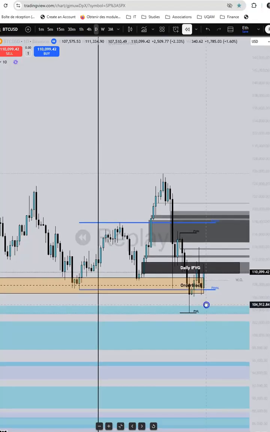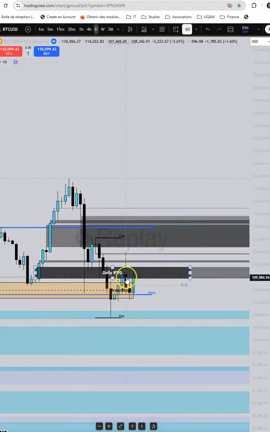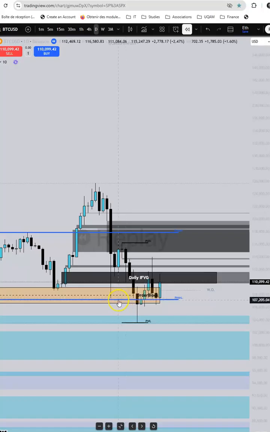So I like them. Here you can see that price rose, was rejected by this EFVG, but this order block was stronger, the buying pressure was stronger, so price rose again.